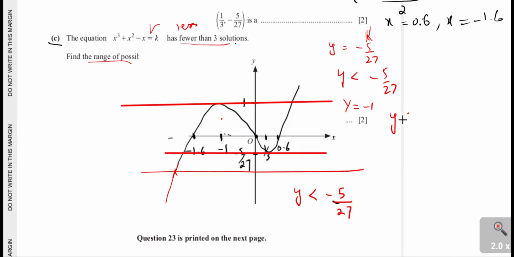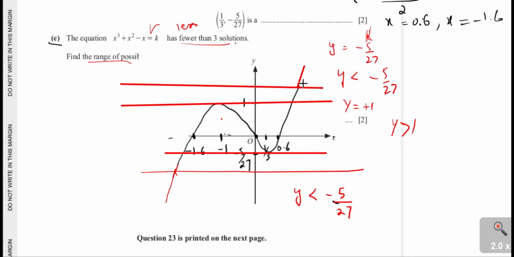When y is greater than 1, look here, when we draw a straight line, y greater than 1, this straight line will pass the graph at 1 point.